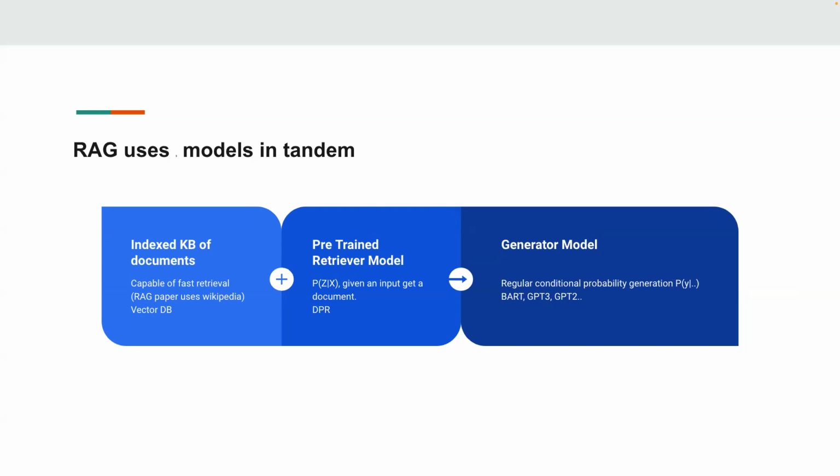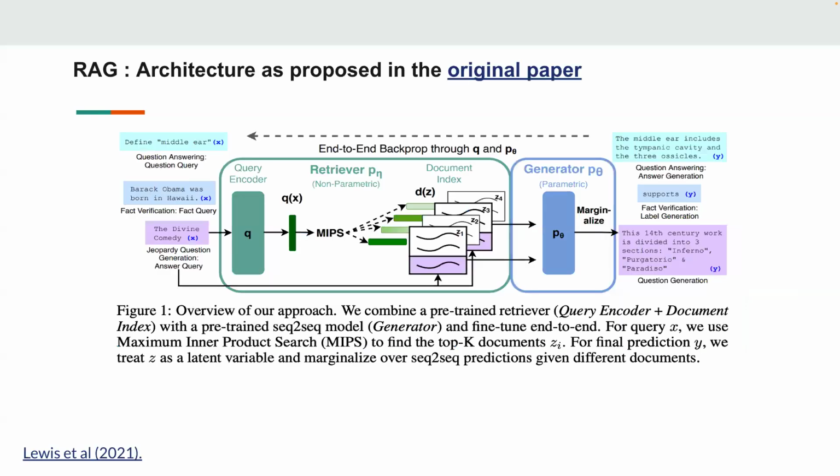Nobody uses that because it's not as good. And then finally, you have the generator model. Can be BART, can be a different LLM, can be Llama and whatnot, right? This is the architecture that's proposed in the original RAG paper, and it is exactly the same as REALM.